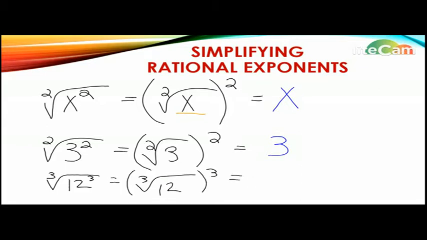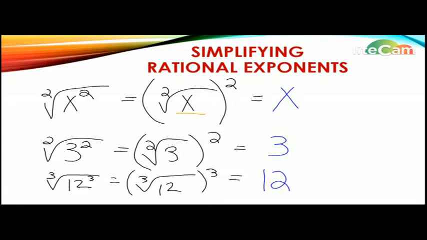So we've got the cube root. Wait a second, I just added a different number. That's the cube root. But as long as I have the same number here, the cube root of 12 cubed, it really doesn't matter what 12 is. Whatever's under the radical is the answer. So it's got to be 12.